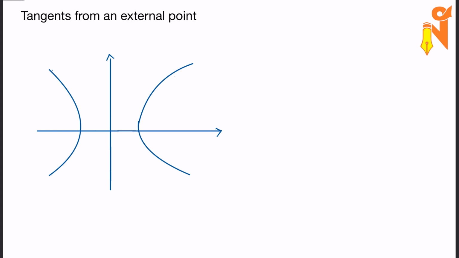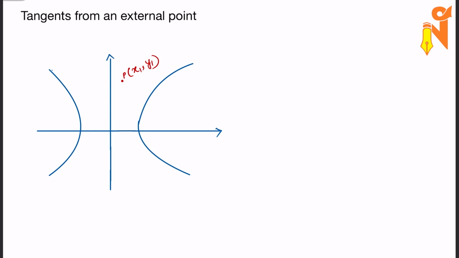So in the point form, there is one more topic, which is tangents from an external point. Let's take a point P lies outside the hyperbola. You can draw two tangents either to the same branch or to the different branches. The condition for those we will see later.